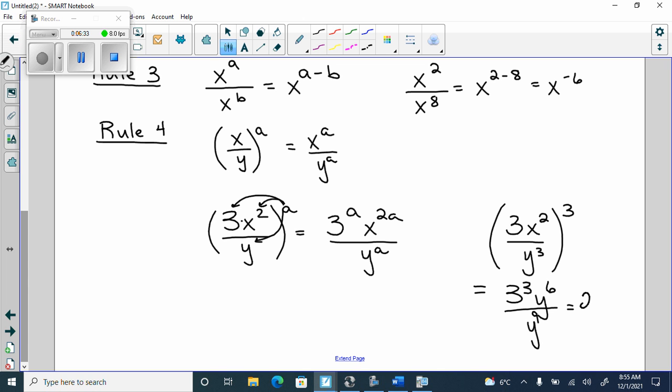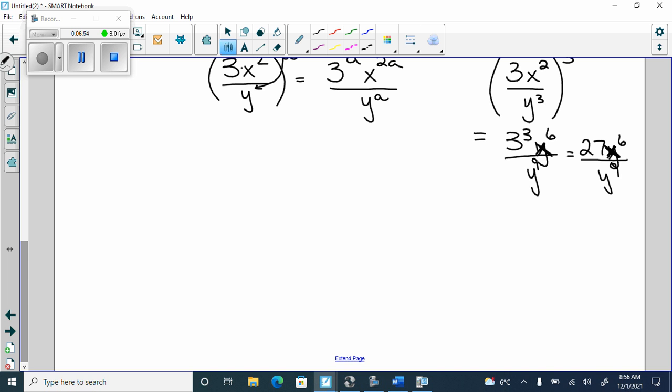And so we get 27 x6 over y9. And why did I put a y? That's an x. I'm not erasing it though. I believe in you. You can put the x. 27x6 over y9. That's rule 4. Rule 5.